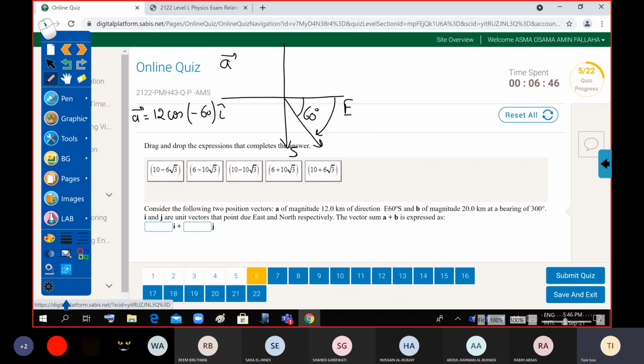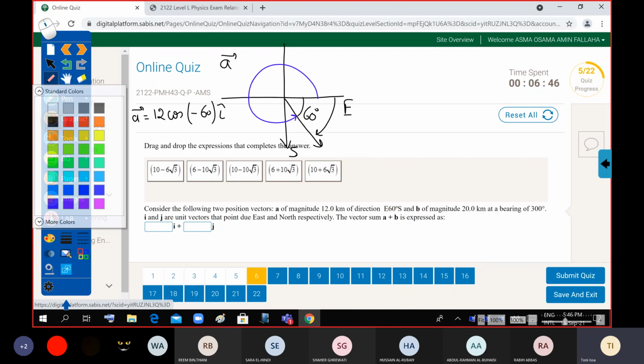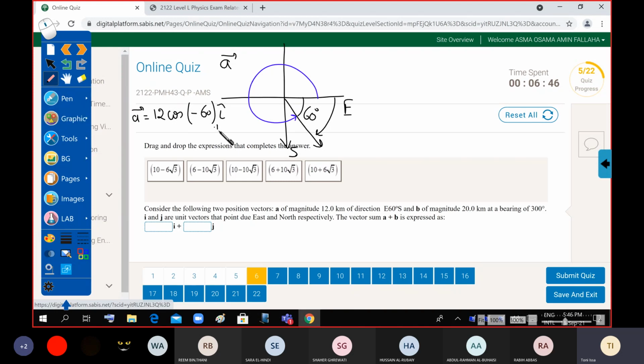Or if you want, you can go all the way around, and then you keep your theta positive. But I'm not done here. And then you continue: plus 12 sine minus 60, j.